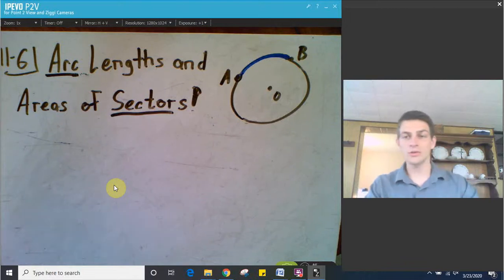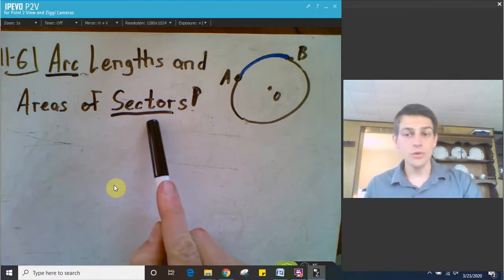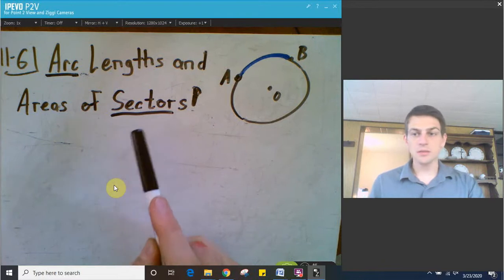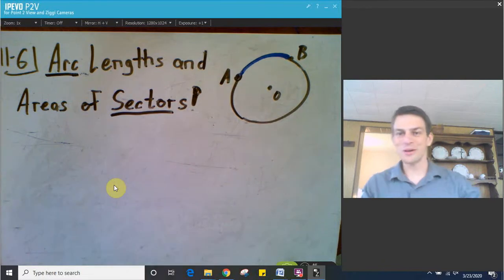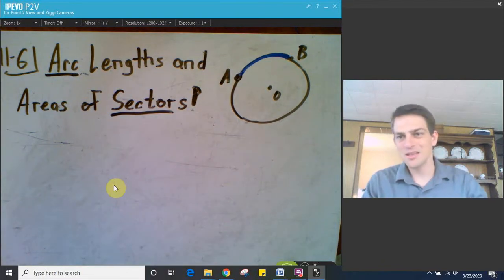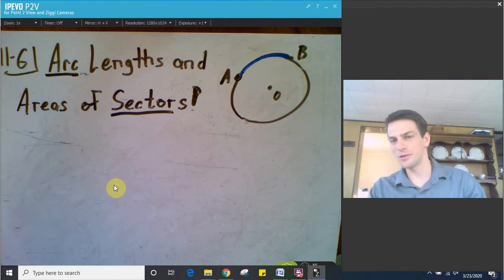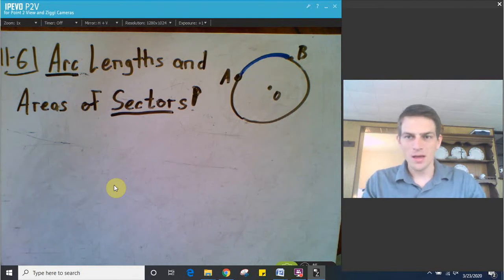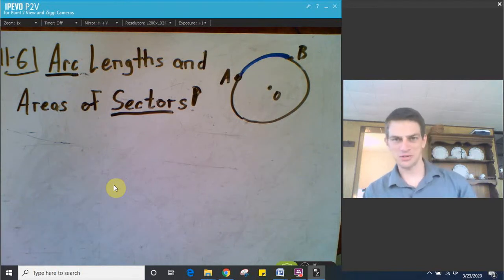Now, a sector, that is a new term for us. The simplest way to think about it, and the way I'm going to start you thinking about it, is it's the shape of a slice of pie or a slice of pizza. They are not triangles, they are sectors.